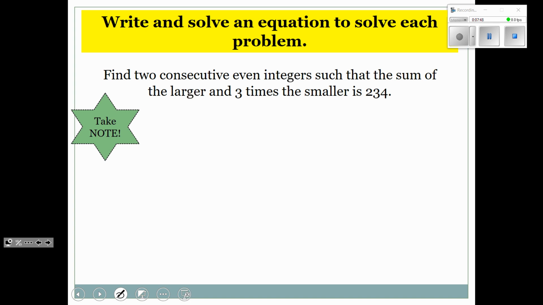In the next example, you will see that it says 2 consecutive even integers. So in this scenario, we are counting by 2's. It's asking for only 2 numbers, so our first number is n. Our second one, since we're counting even numbers, we're counting by 2, so we're going to say n plus 2. It's the original number plus 2.